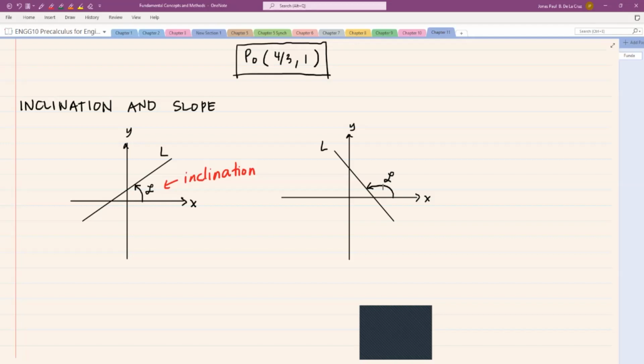All right. Now, what is the relationship between the inclination of the line and the slope of the line?